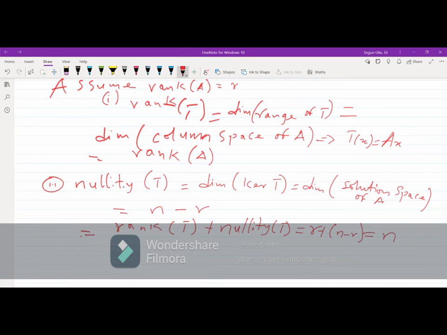That is, at the end of the day, by the time you open the bracket, you discover that it's the n that remains. But for this case, let me give an example.